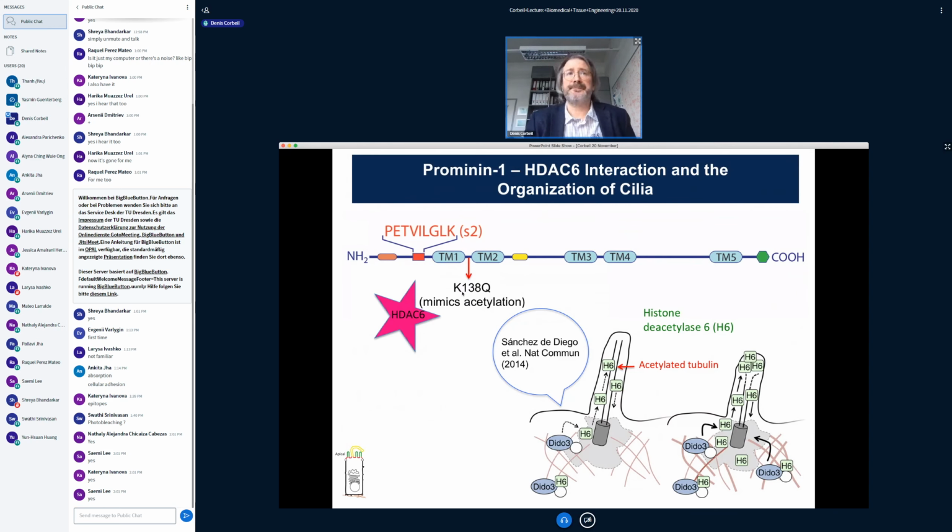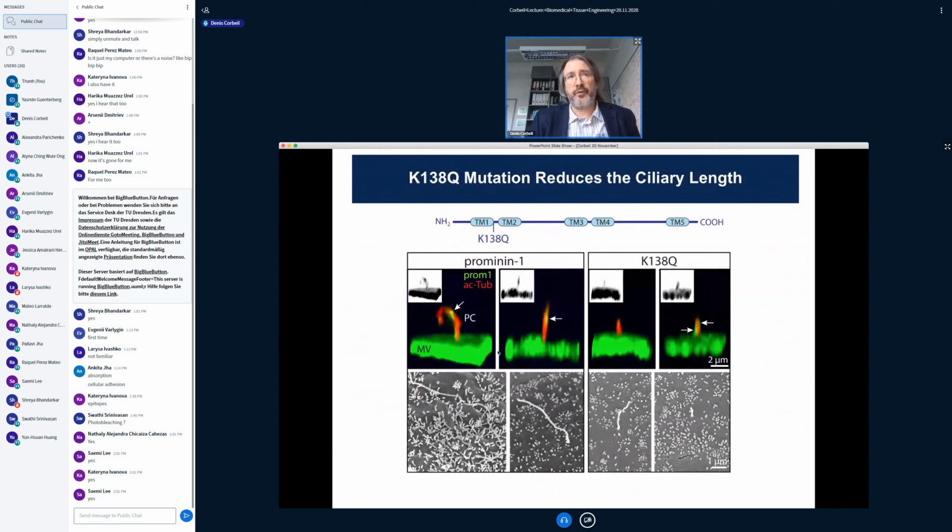And now what happened? First, we overexpress prominin-1, and we observe here, as you can see, two examples by fluorescence, prominin molecule, acetylated tubulin in red. What you can see, we increase the length of the cilium. With the microvilli, overexpression of prominin creates more microvilli. But in the case of cilium, we don't create more cilium.